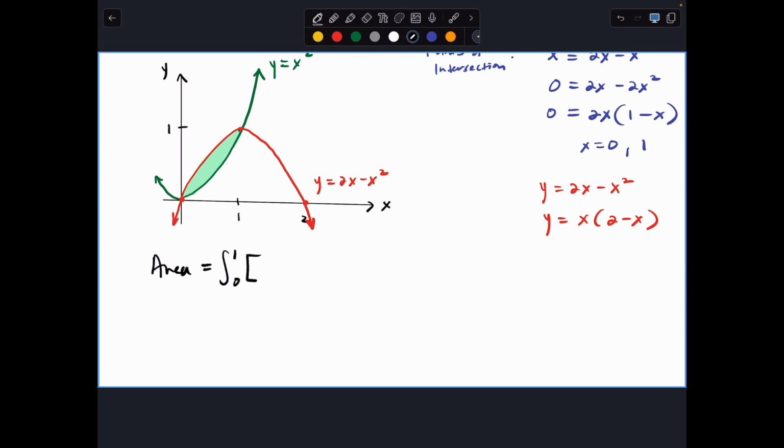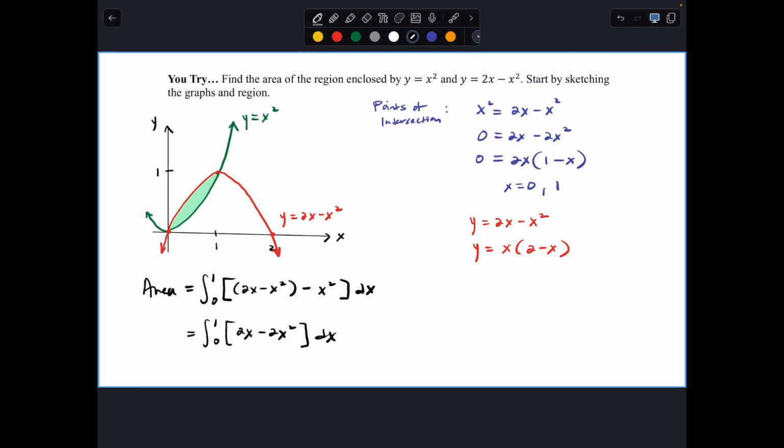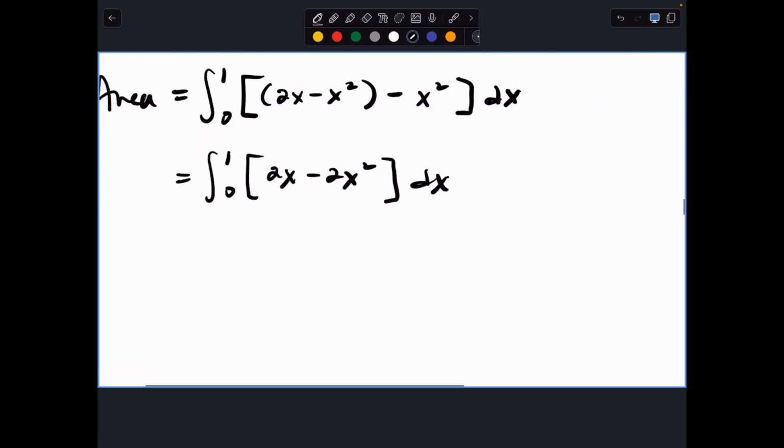Which one should you put on top? It's 2x minus x squared. Where are your parentheses, guys? So it's really 2x minus 2x squared.